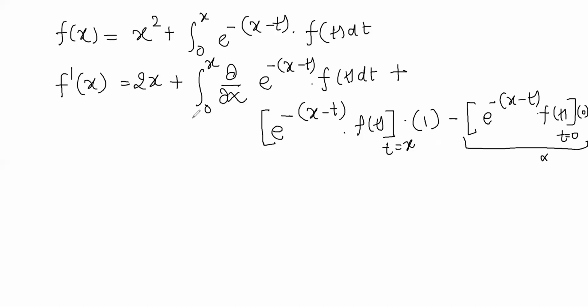So let's go. I'll think of f dash x equals, this quantity will give me 2x, and let us see what I get from here. So it will be 0 to x, and now differentiate this quantity. If there is some problem, then you can think of doing this.